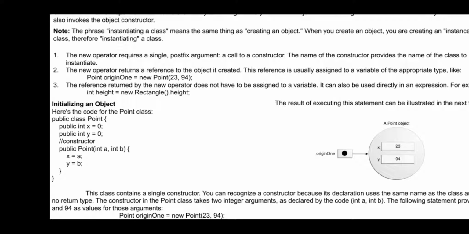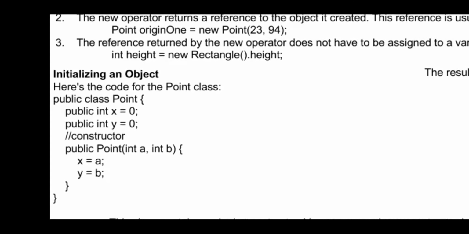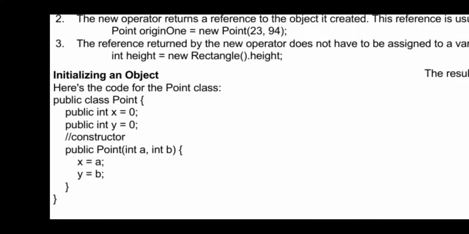Public class Point, int x = 0, y = 0, and you have written public Point(int a, int b). So int a, int b means 23 will be accessed within a, and 94 will be accessed within b. So x = a and y = b.